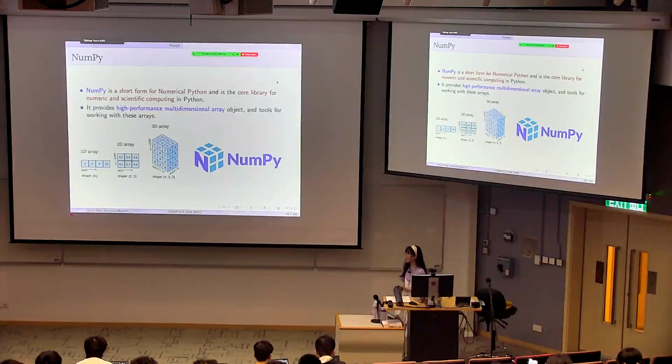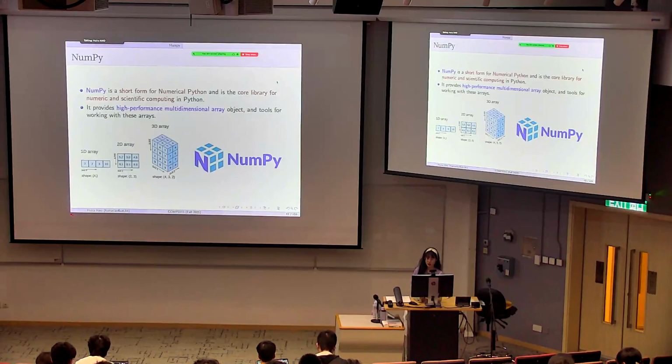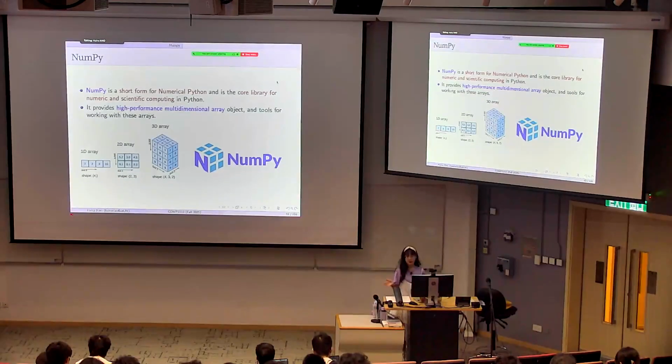So what is NumPy? NumPy is a short for numeric Python and is a core library for numeric and scientific computing in Python. It provides some high-performance multi-dimensional array objects and tools for working with these arrays. Yes, as you can see, in different libraries the data are called by different names.